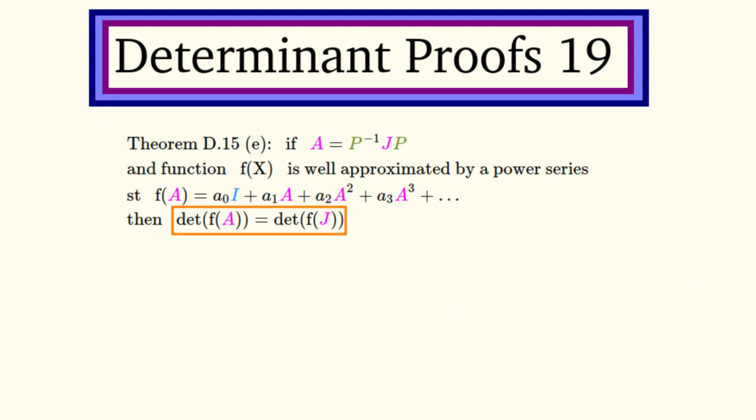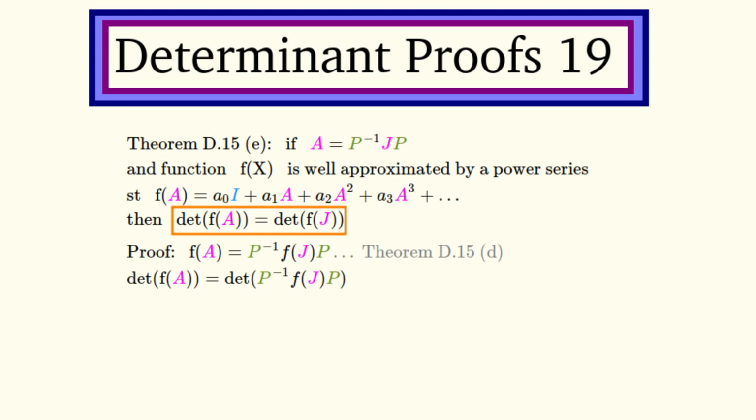Now to prove this result for any power series, that the determinants are equal for the function f applied to similar matrices. So now to prove this, we can get this statement from the previous part of this proof that we've just proven about half a minute ago. We can apply the determinant to both sides so that this statement is true.